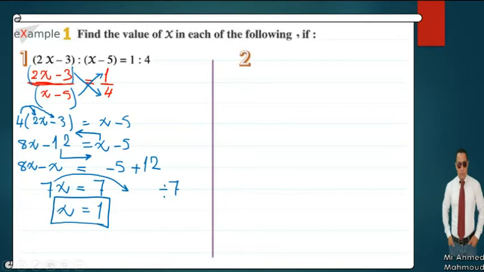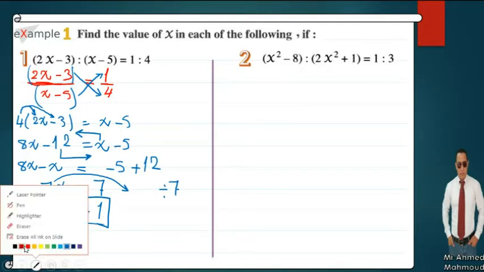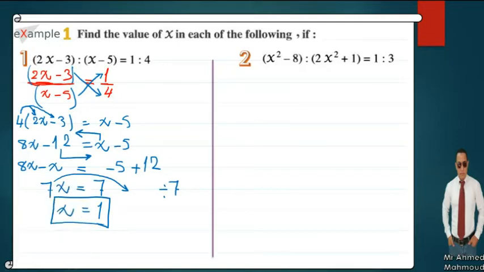The next one, here we have x power of 2 minus 8 to 2x power of 2 plus 1 equals 1 to 3. The first step, I'm going to put them in a fractional form like this.